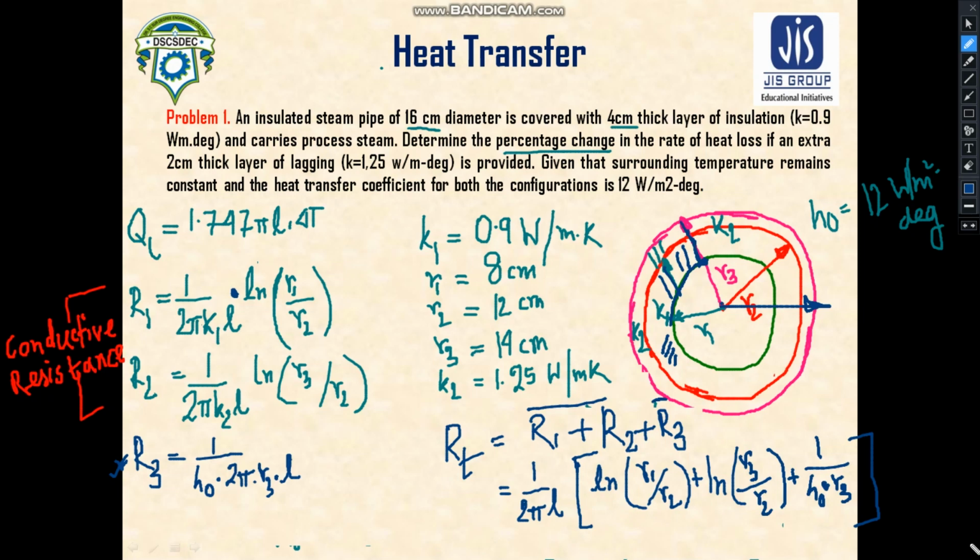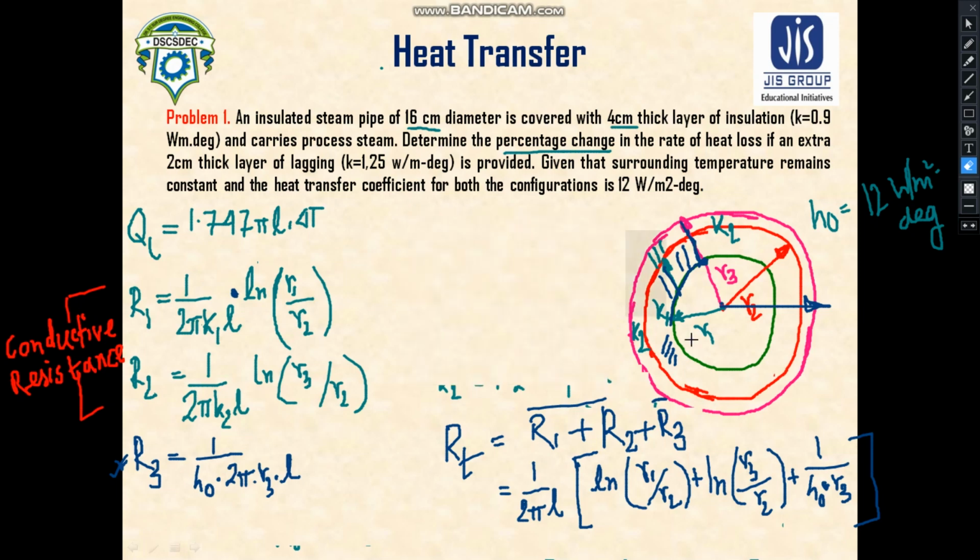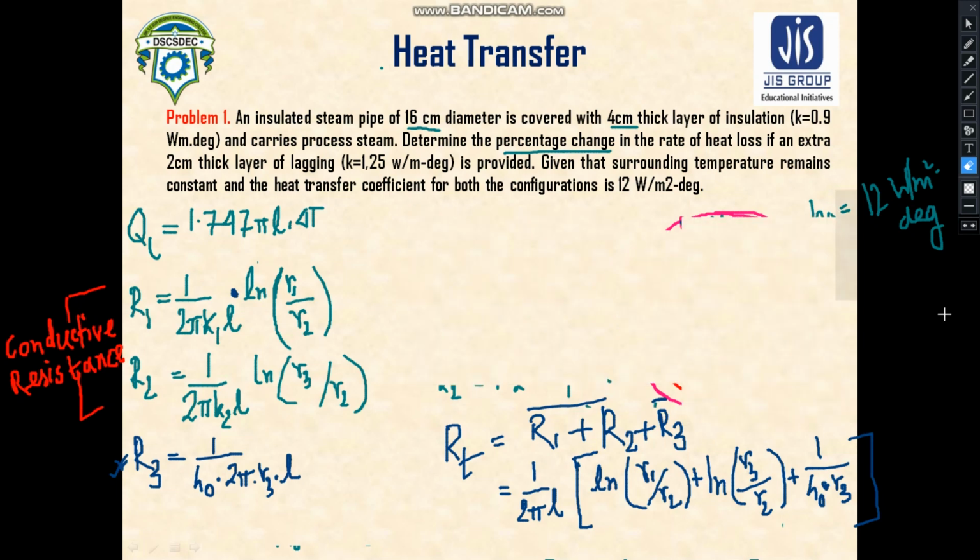So here you will find the ultimate result. I am just removing these things. Leave it as it is. I will remove this part and this part also. So the net thermal resistance would become 1.1664.